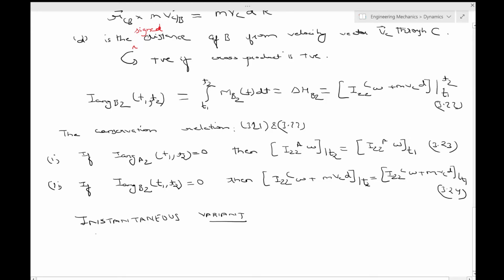The restrictions on A apply. A is on a rigid body, and either A is equal to C or V T1 plus is equal to V T1 minus.